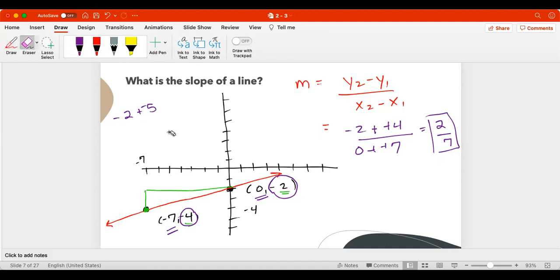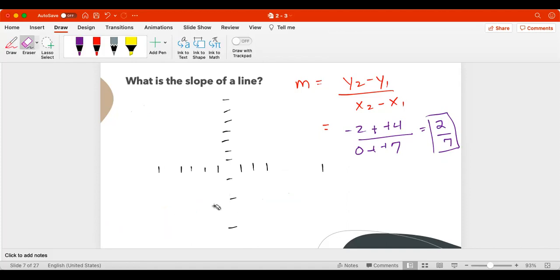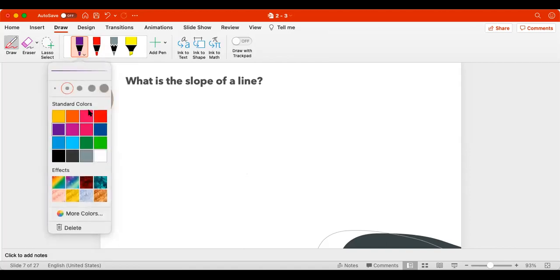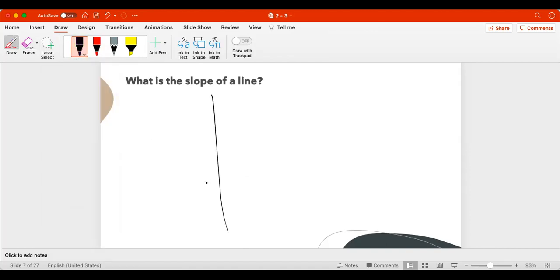All right, I'll do one more. This last one is going to have a negative slope. Okay, so let's go with another black line here. So we're going to draw our XY plane.